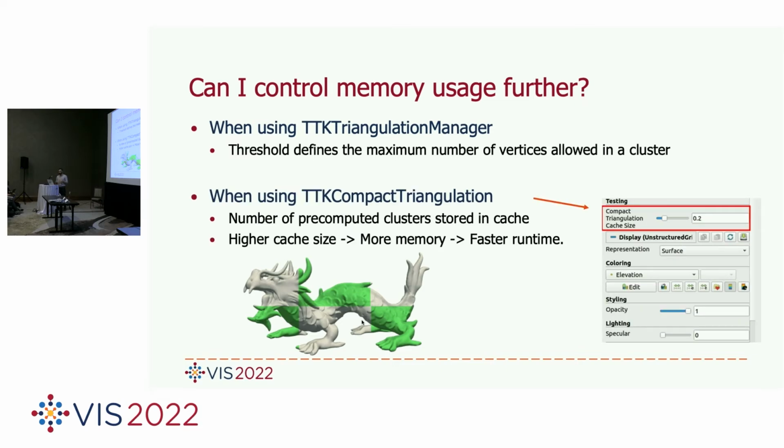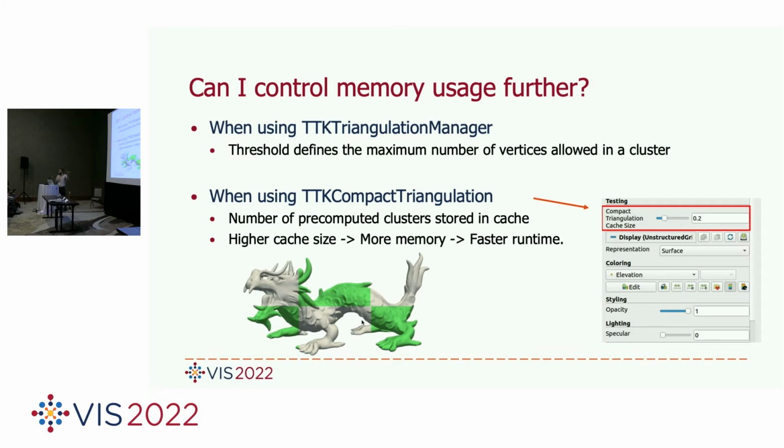At the same time, and again, this will be explained much better in the developer's presentation on Thursday, you also have a parameter there that allows you to change the cache size. That number is a representation of how many of these blocks that are being pre-computed by the compact triangulation are also being saved in a cache to be quickly reused.